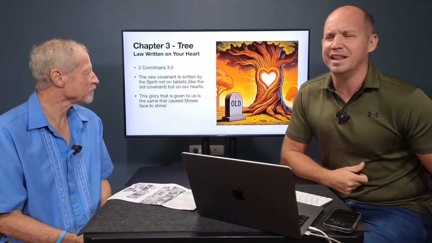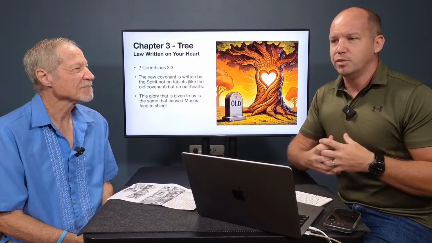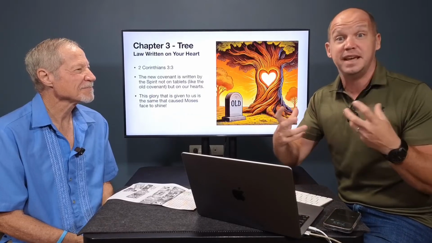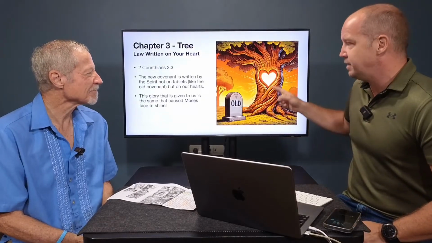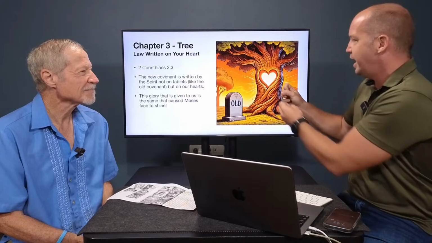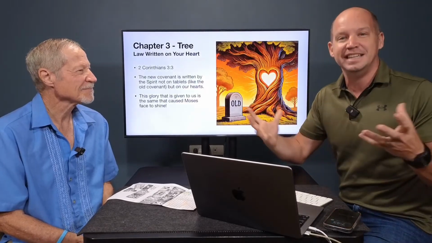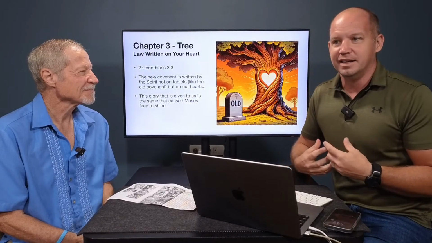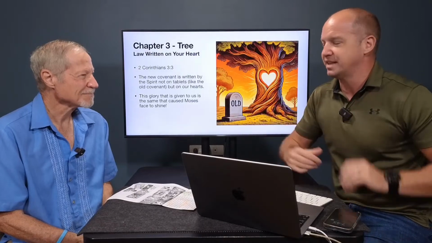Yeah. And I love at the very latter half of the chapter, it starts talking about how when Moses experienced God's glory, his face shone, and how the glory that is given to us is the same that caused Moses' face to shine. And that's why I asked to create this image where there was actually shining coming out from that heart, because we are that light through which God expresses his glory.